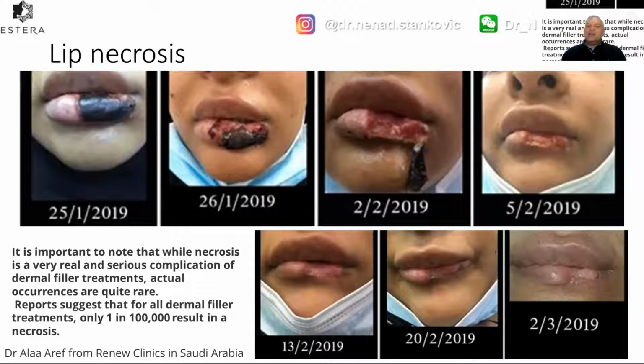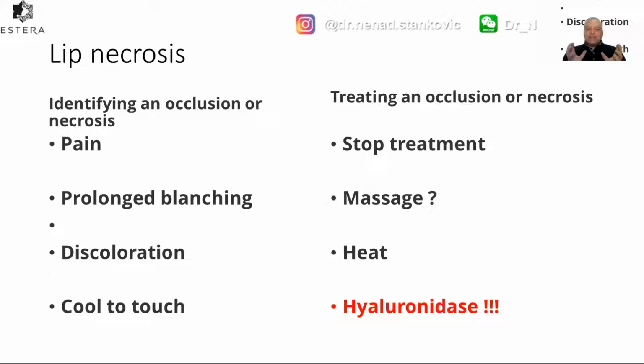The thing is, we have to check on the patient, we have to call the patient tomorrow or 2 days after to see how they're doing, and if there are any problems, react very quickly. So on this slide we have how to identify an occlusion or necrosis.